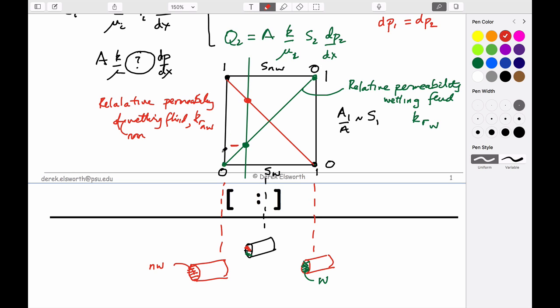I can't draw it that way. What would it be? Yeah, these have to be the relative permeabilities of the system. And I guess what it has to be is that this would be the relative permeability of the non-wetting fluid.